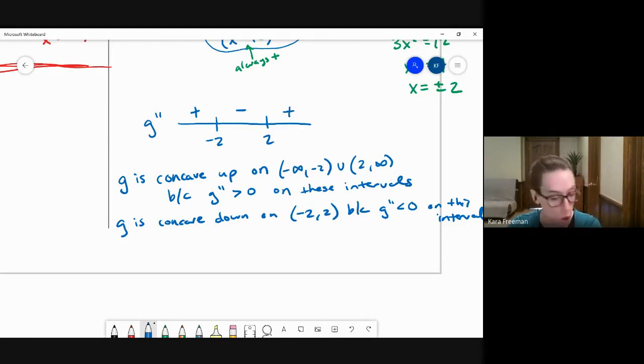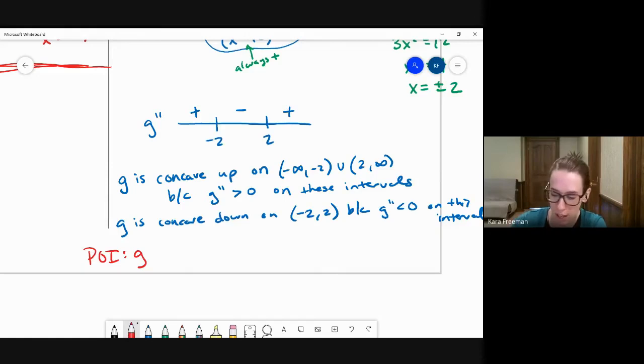It then said find all points of inflection. So if it says find points of inflection, you can't just say they happen at -2 and 2. You have to actually find the points. So obviously we have points of inflection at -2 and 2 because the concavity changes sign. But to find those points of inflection, we need to evaluate g at plus or minus 2.